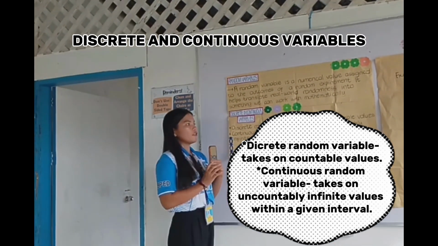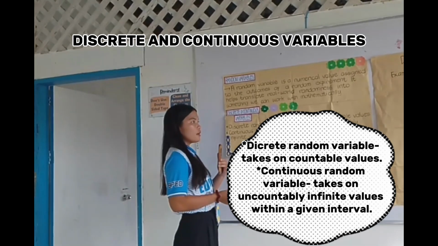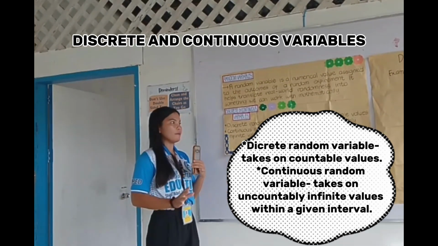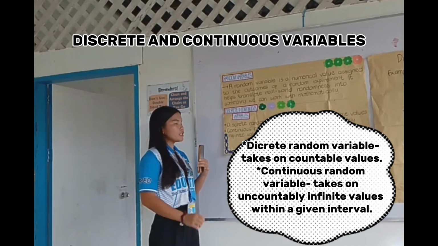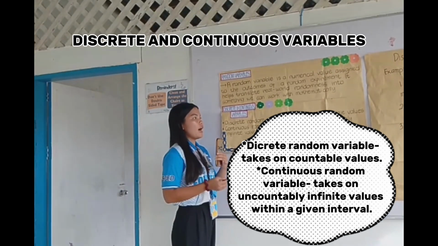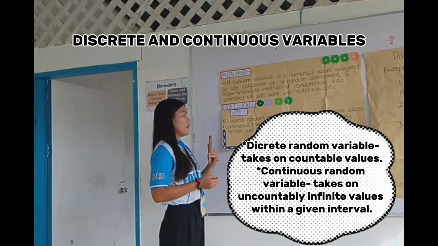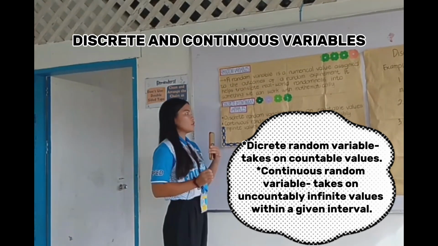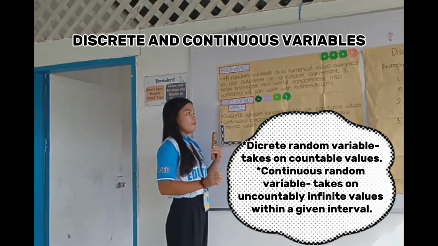Discrete random variables take countable values. In short, ang discrete random variables ay mabibilang, while the continuous random variables take uncountably infinite values within a given interval. So, in short, ang continuous random variable ay measurable.